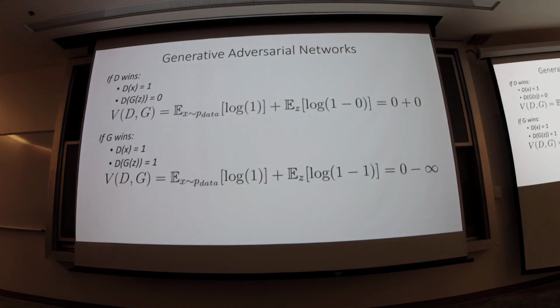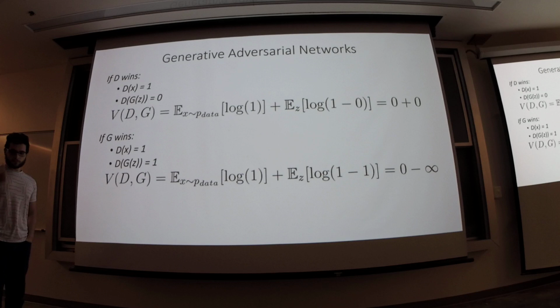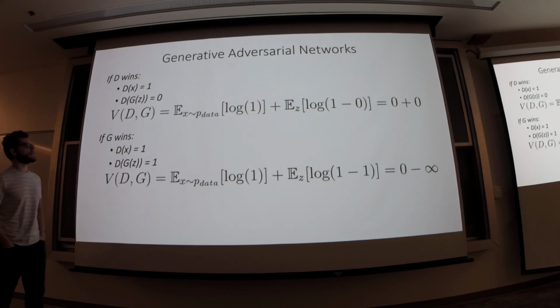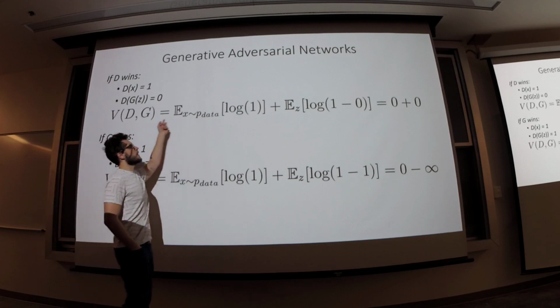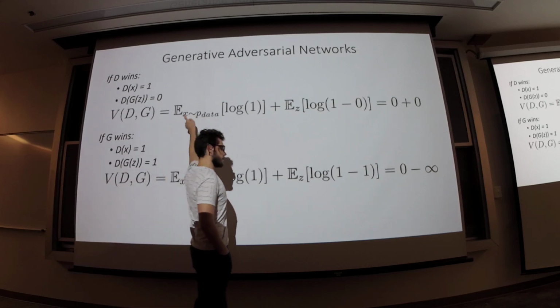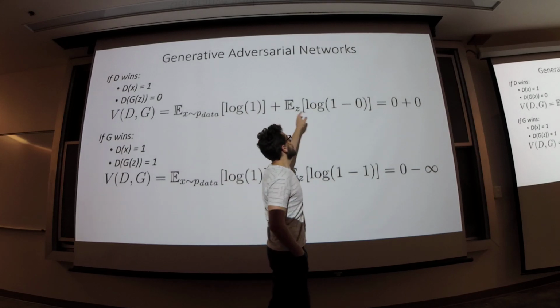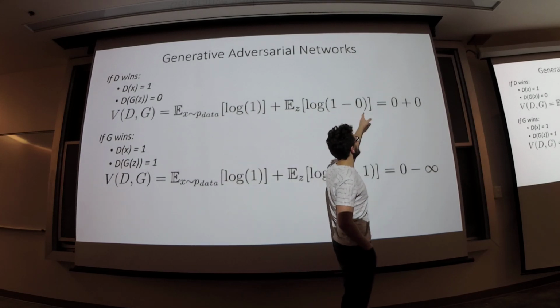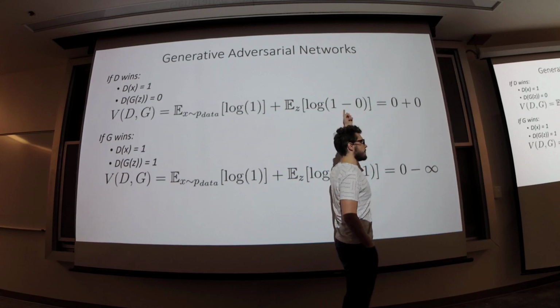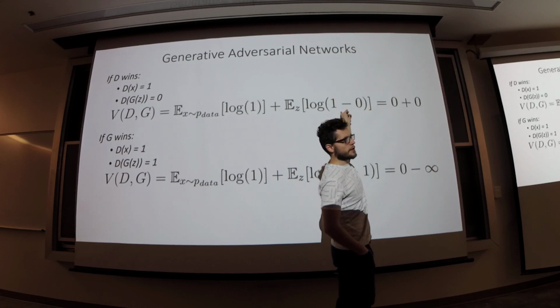So what happens when the discriminator wins? So D of x is exactly 1 and D of G of z is exactly 0. So we obtain the logarithm of 1 for the probability distribution of the real data plus the logarithm of 1 minus 0 for the probability distribution generated by the generator.